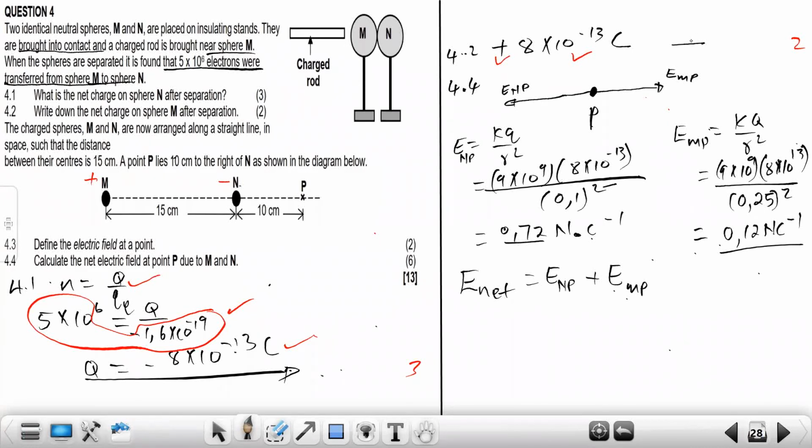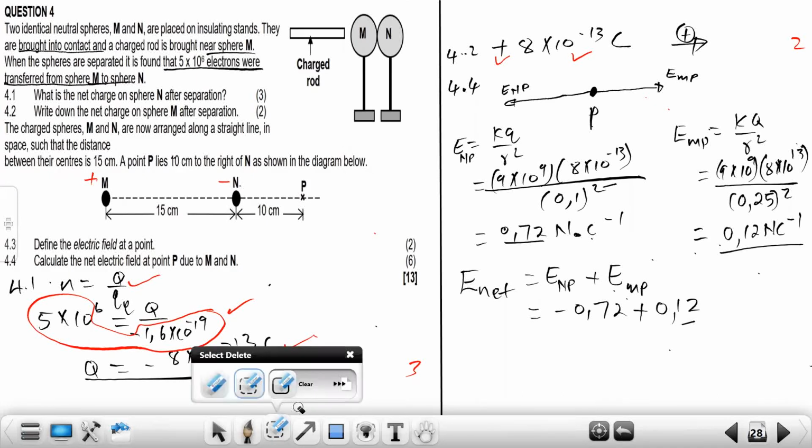So E net will just be E of NP plus E of MP, and choosing the direction to the right as positive, I'm in a position of saying, okay, fine, I have negative 0.72 plus 0.12.